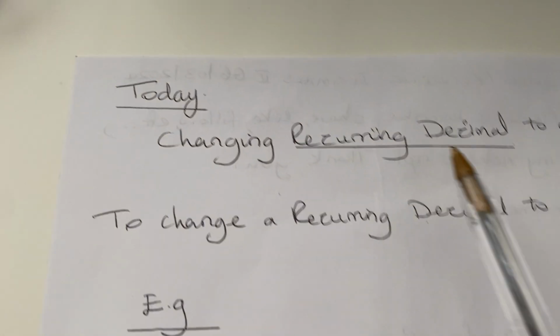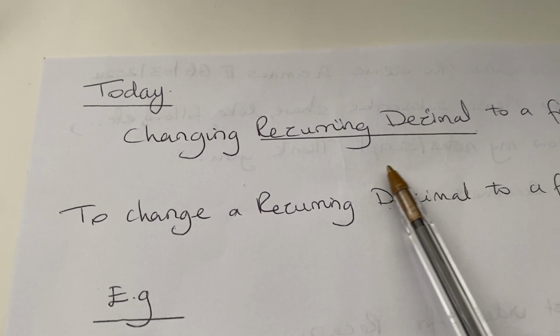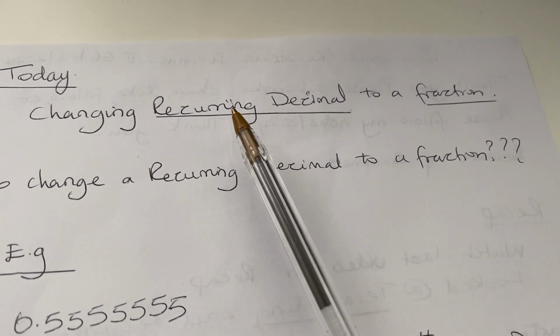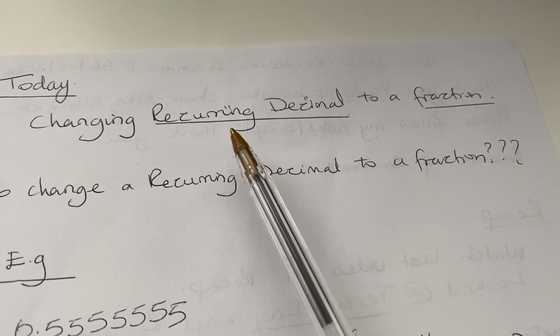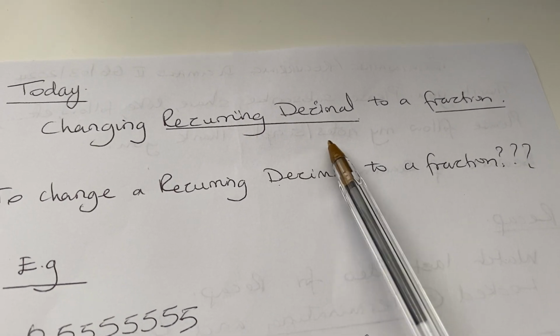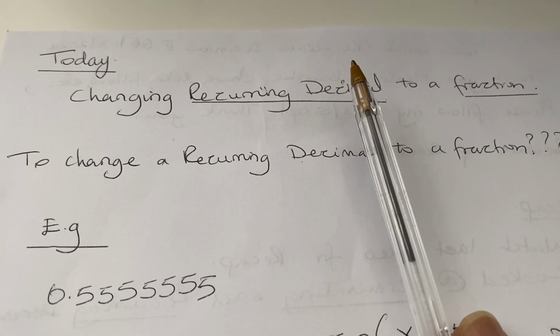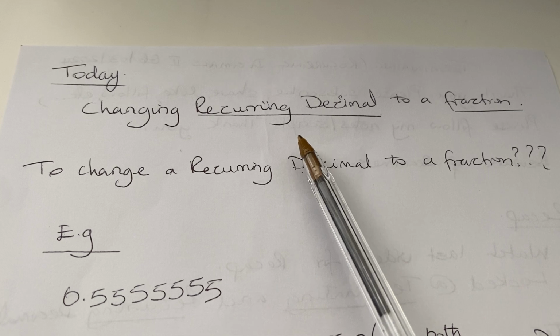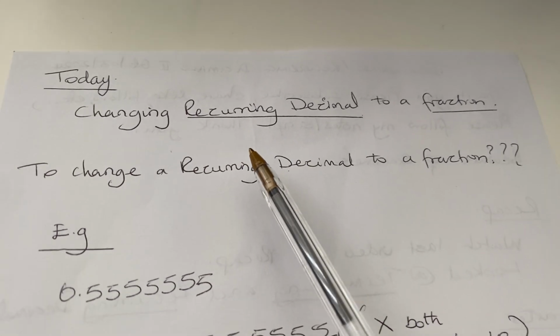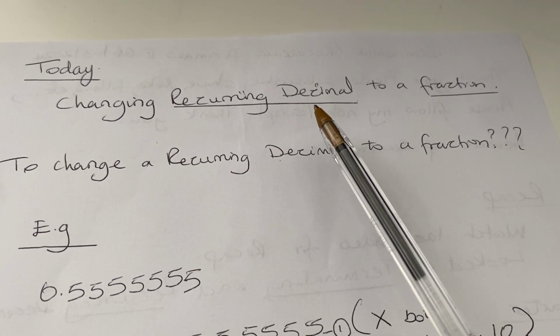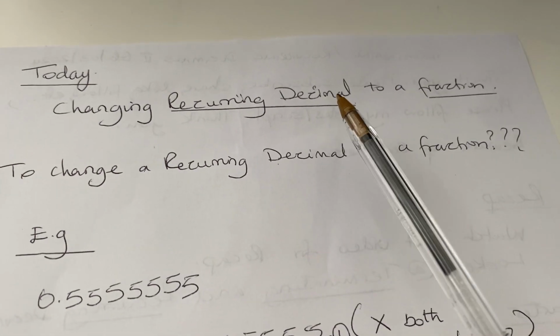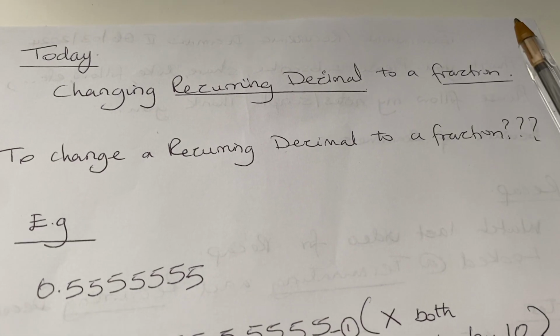Today, the first example, we are changing a recurring decimal to a fraction. Now we just changed a fraction into a decimal, and we know that it terminated, it stopped.